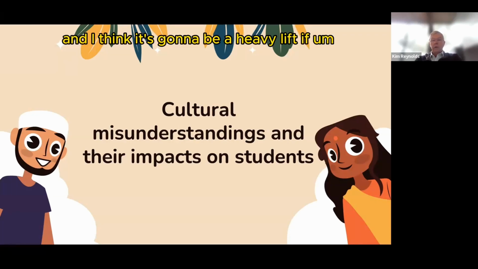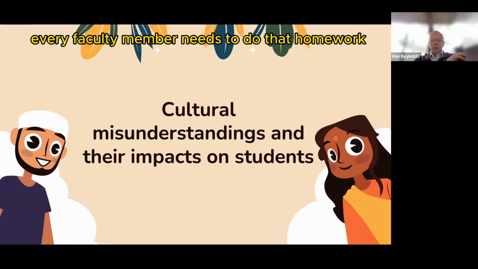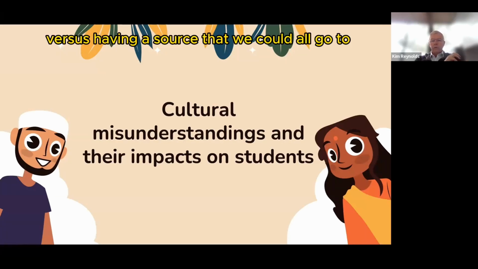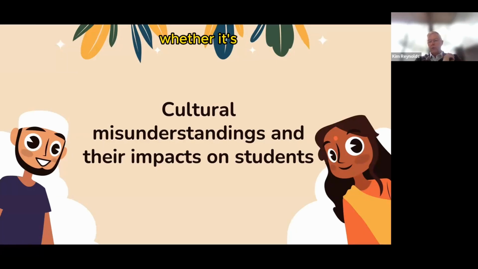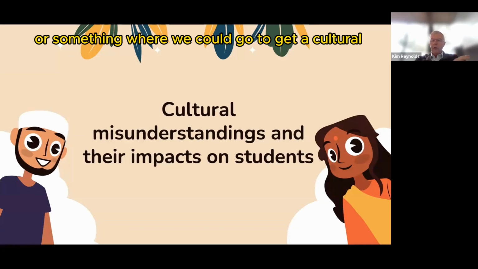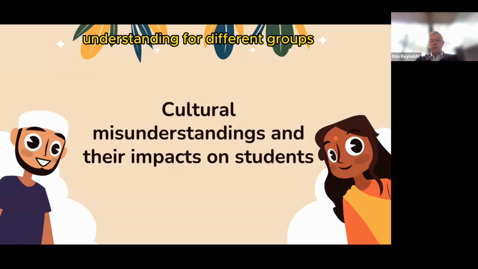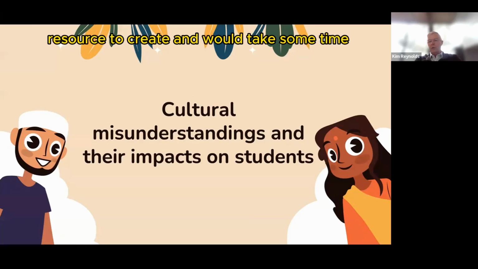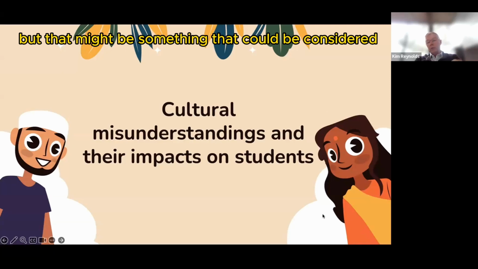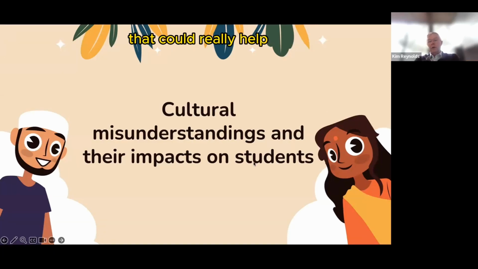I think it's going to be a heavy lift if every faculty member needs to do that homework versus having a source that we could all go to, whether it's structured online or something where we could get a cultural understanding for different groups. I understand that requires resources to create and would take some time, but that might be something that could be considered that could really help.